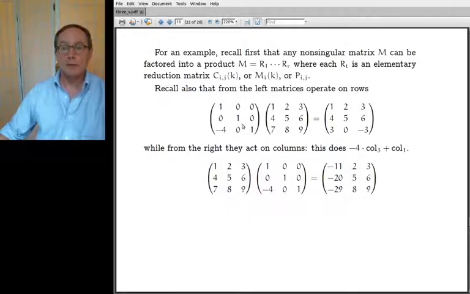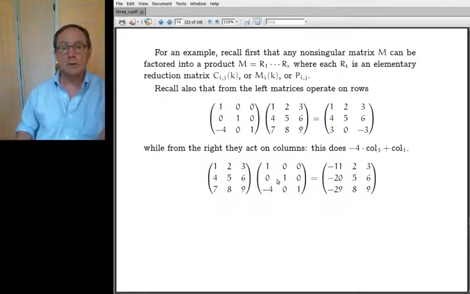If you apply this matrix from the left, it acts on the rows, -4 row 1 plus row 3. And if you take the same matrix and apply it from the right, it acts on the columns. It happens to do -4 times column 3 plus column 1. It acts on the columns. So from the left, matrices operate on rows. From the right, they operate on columns. That's just the mechanics of matrix multiplication.